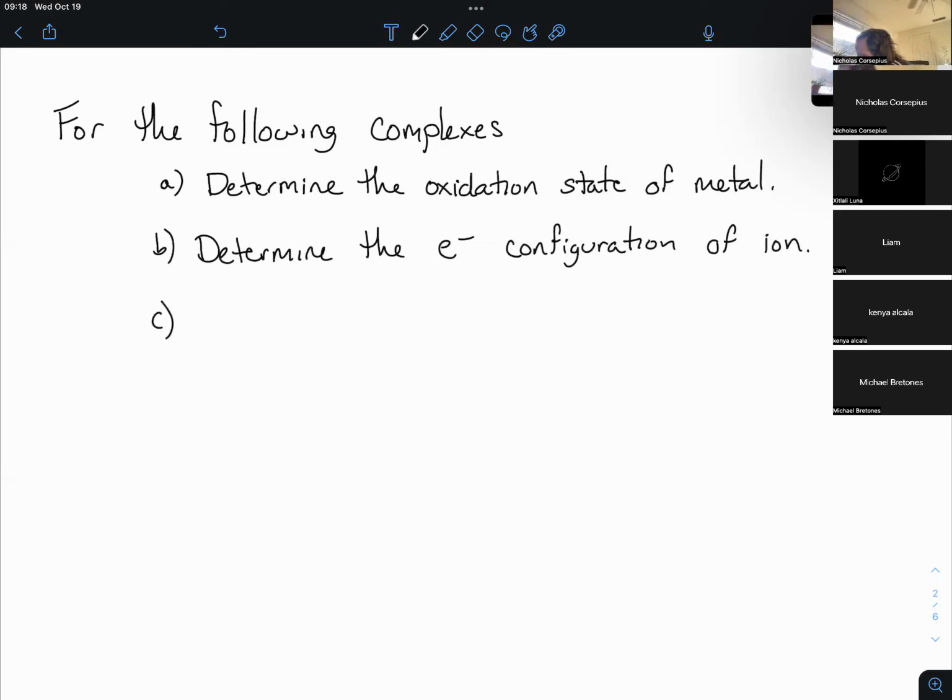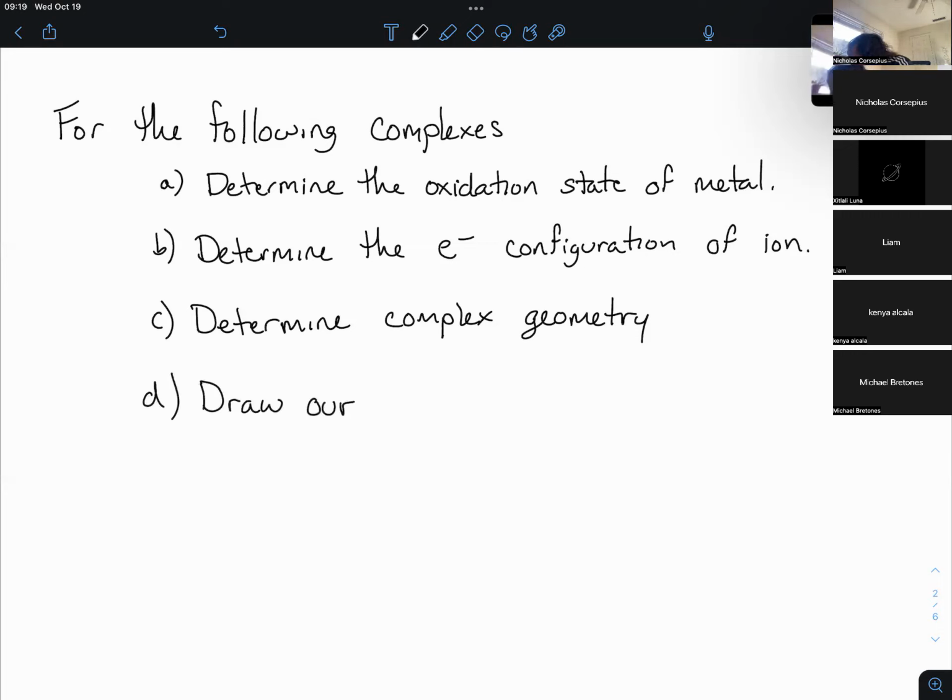From there, we should be able to determine the geometry of the complex. And then finally, draw our complete complex electron configuration diagram.